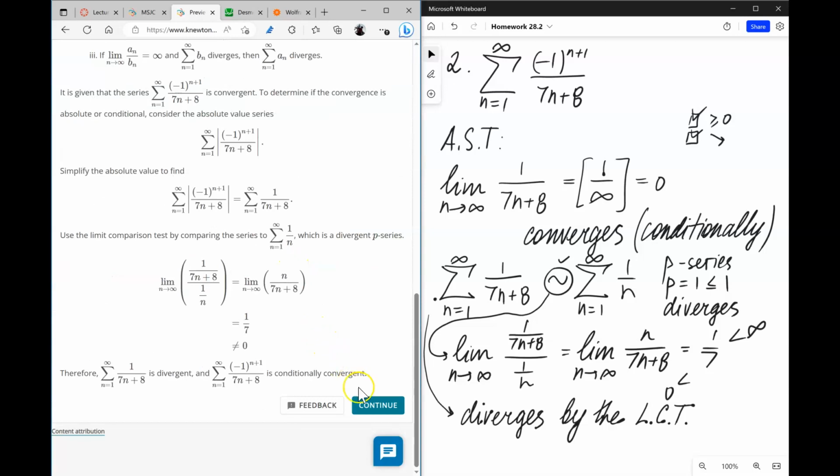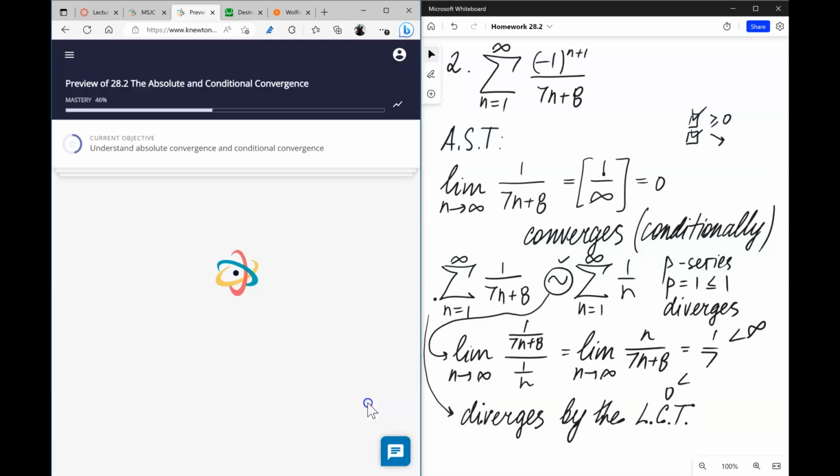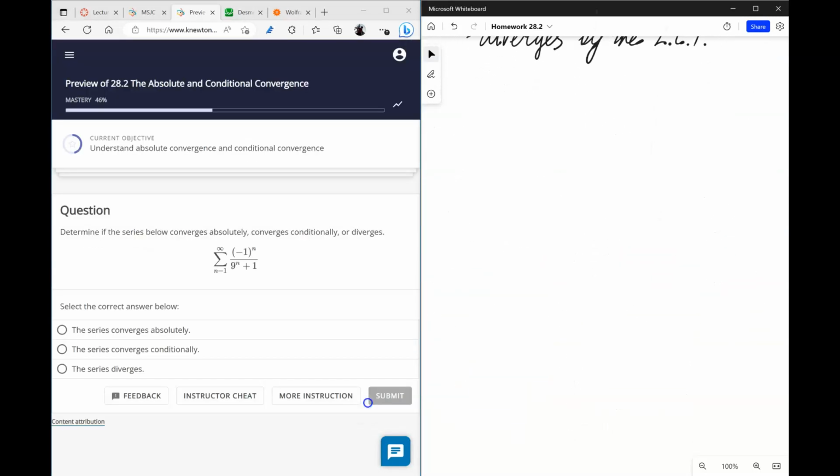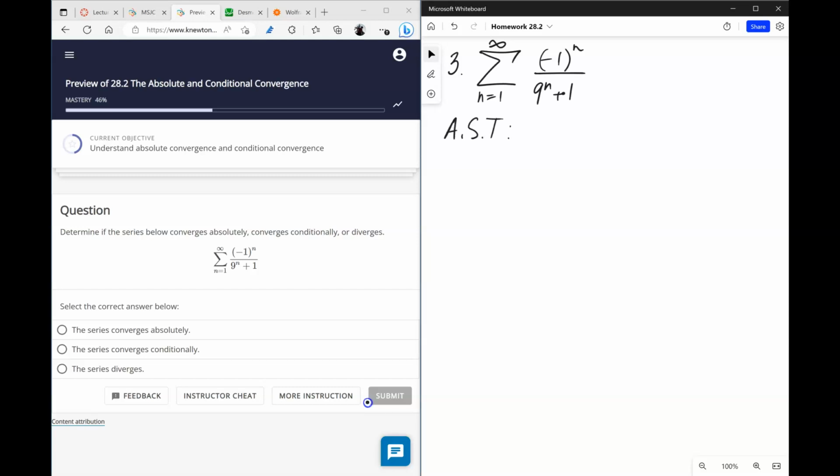All right. Another alternating series. We're going to set up the alternating series test, and in that test, we're going to find the limit as n goes to infinity.